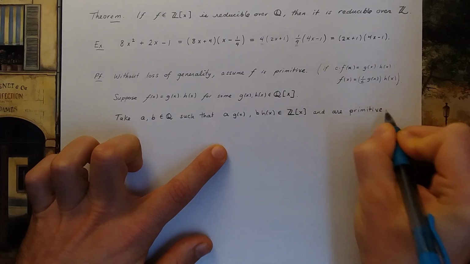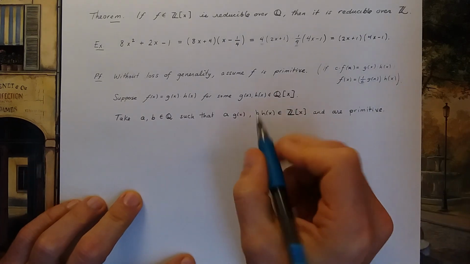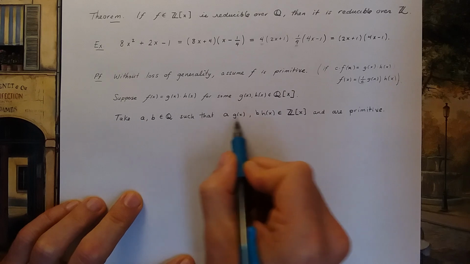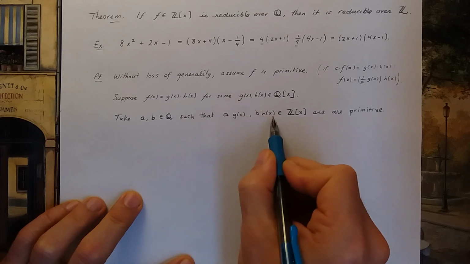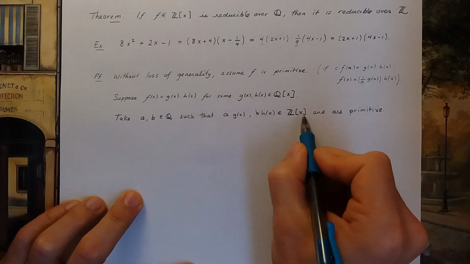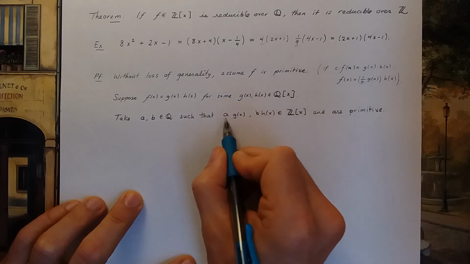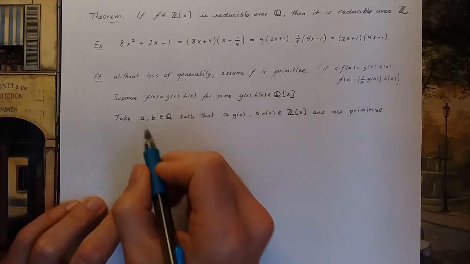So I'm going to find numbers that I can multiply by g and h to get integers, and I also want to multiply by the correct constant to get primitive polynomials.